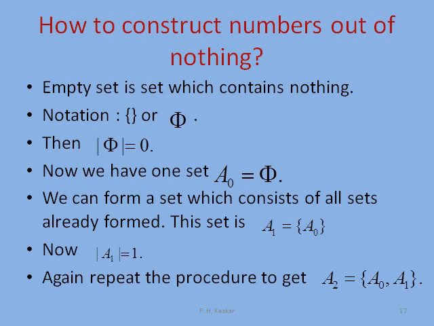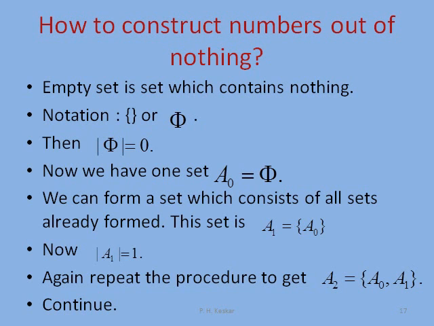Now I can keep on repeating this procedure. So now I have two sets constructed, so I collect them together in A2, and I count how many objects are there in A2. There are 2 objects, each individual one is a set. I don't look inside it, but I just see I have 2 sets, so the number of elements of A2 is 2.